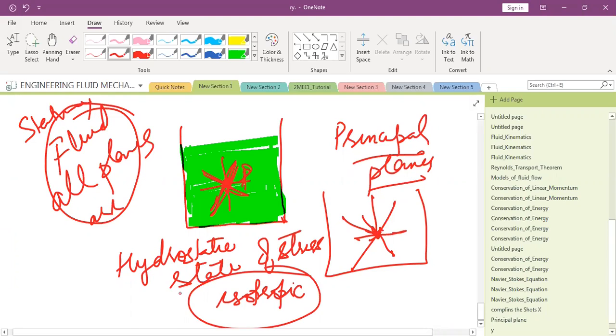This is a very special condition and the only condition in which stress is isotropic. That is, any orientation you choose of the plane at that point, you will get the same value of stress. This does not happen in your normal solids. This happens only in fluids, and that too particularly certain fluids.